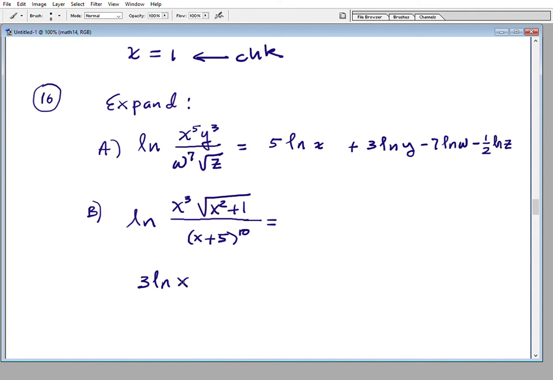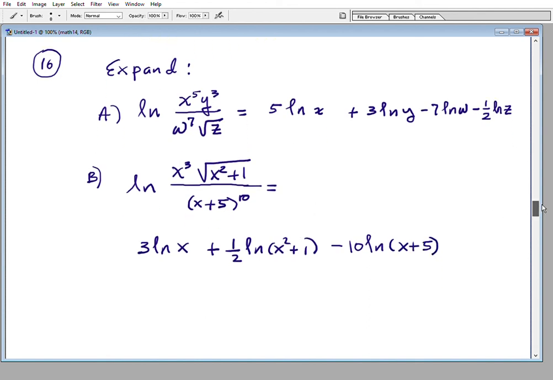So 3 ln x, plus for the numerator, bring down 1/2. And then subtract for the denominator, so minus 10 ln of x plus 5. Okay, so that's expanding using log properties, that type of problem.